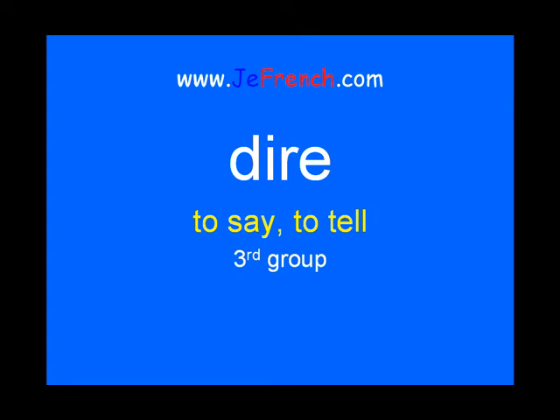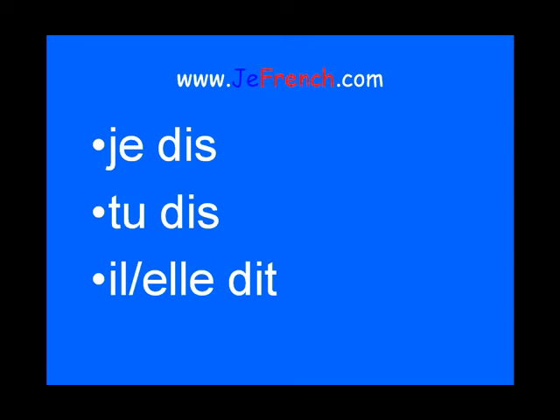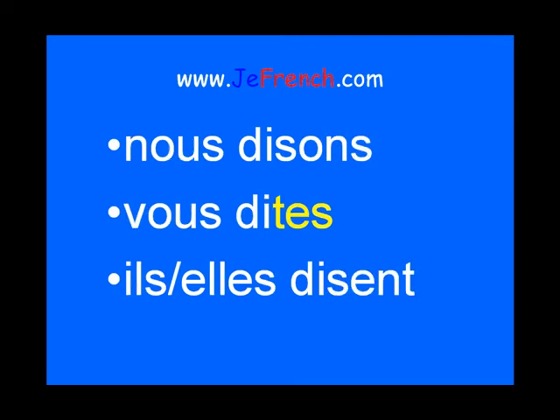Dire, to say, to tell. Je dis, tu dis, il dit. Nous disons, vous dites, elles disent. Now, whenever there's something a little bit out of the ordinary, I'll highlight it in yellow. In this case, we never say vous disiez.